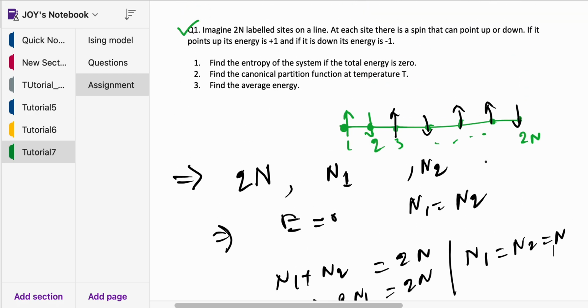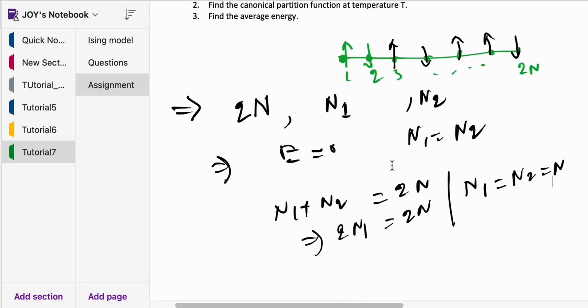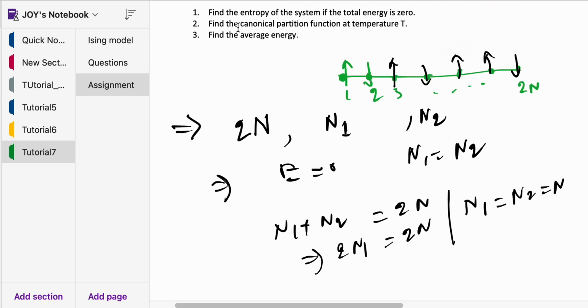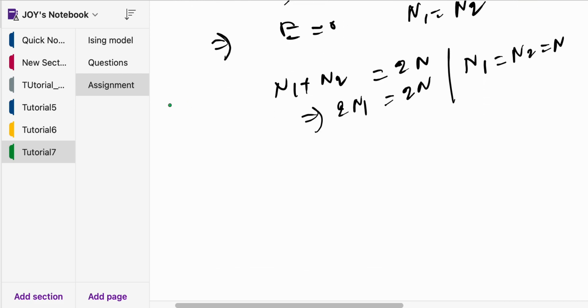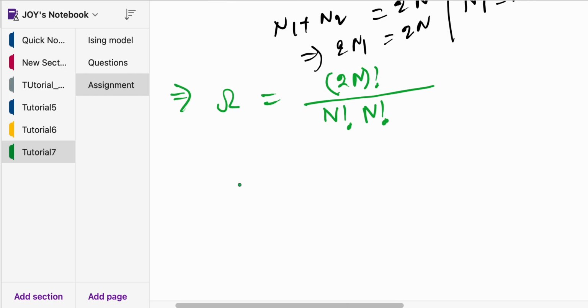That means half of the spins should be upwards and half should be downwards. Now how many ways can this be achieved? The total number of microstates is 2n factorial by n factorial into n factorial. Then what will be the entropy?